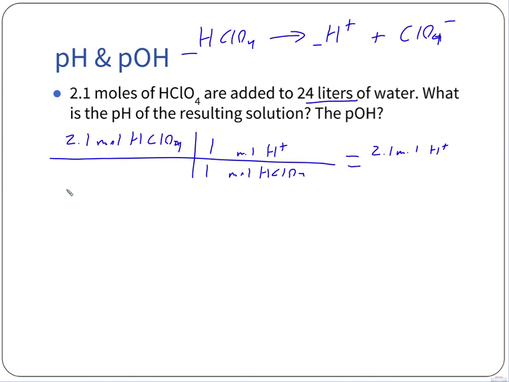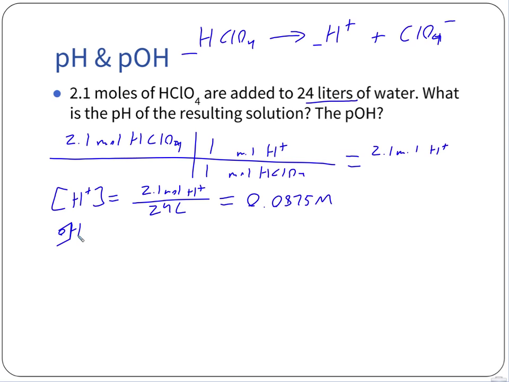So the concentration of hydrogen ions should be equal to 2.1 moles of H+ over the volume, so 24 liters. When we do that, this ends up being right at 0.0875 molar. All right, since we have the hydrogen ion concentration, we're looking for the pH.